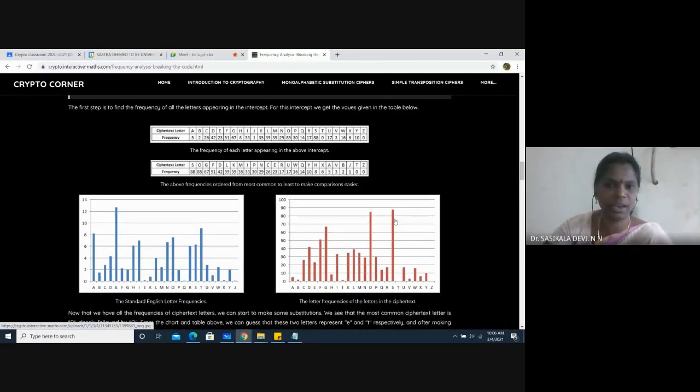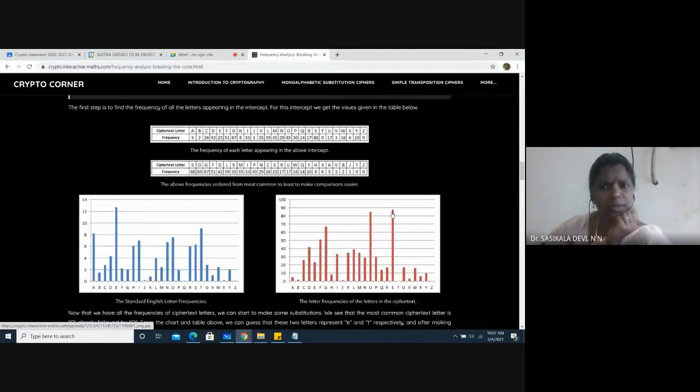S appears 88 times, the highest, so the most frequent character in this cipher text is S. The next most common character in the cipher text is also noted.